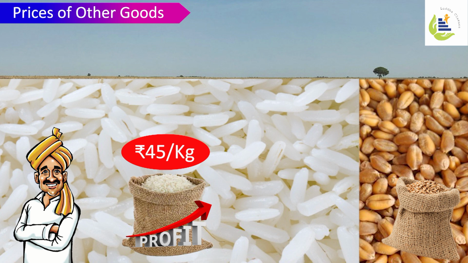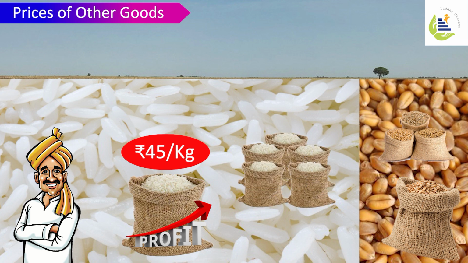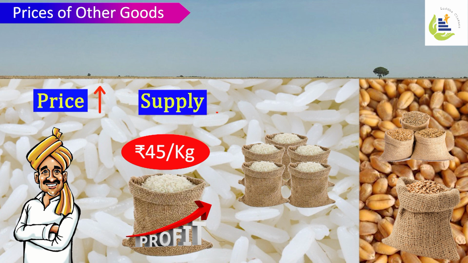So eventually what will happen? Due to shifting of that land, those limited resources, to rice, my production of wheat goes down, but my production of rice increases. So when the relative price of another commodity increases, its supply increases but the other product's supply reduces.